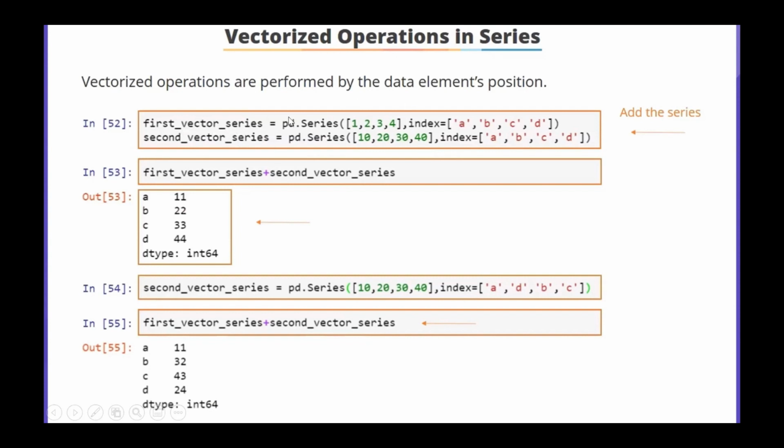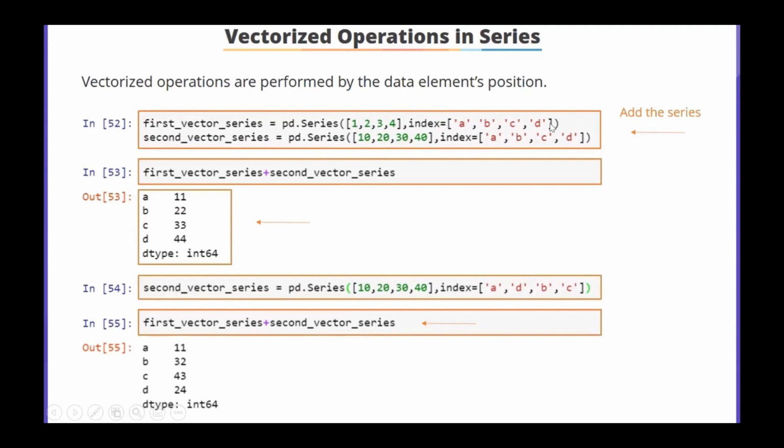So vector is basically you have like two containers, okay, और वो दो container की I have to add the value of this container, okay, index by index, like based on the index I have to add the object there. So I am creating two index, like the first series is 1, 2, 3, 4, second series is 10 to 5, and here only thing is that you need to make sure that your index remains constant.